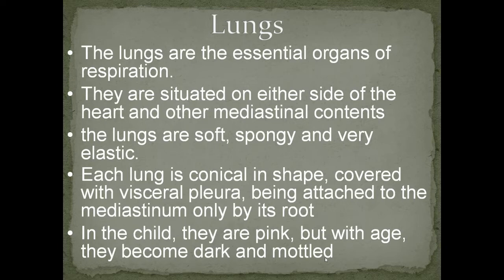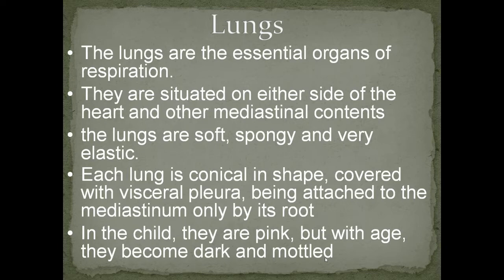Each lung is conical in shape, covered with visceral pleura, being attached to the mediastinum only by its root. In the child, they are pink, but with age, they become dark and mottled. Pleura consists of two layers, the parietal and visceral layer, and only the inner layer, the visceral layer, is in contact with the lung.